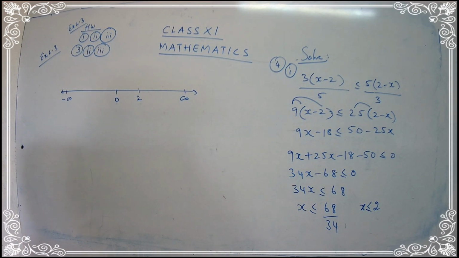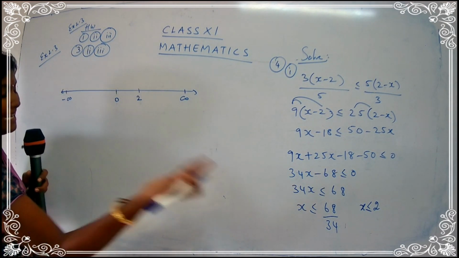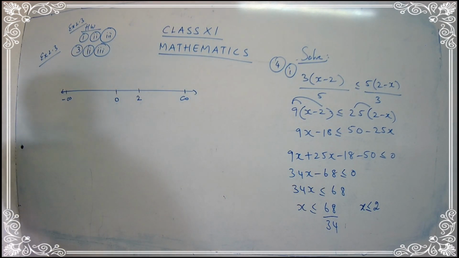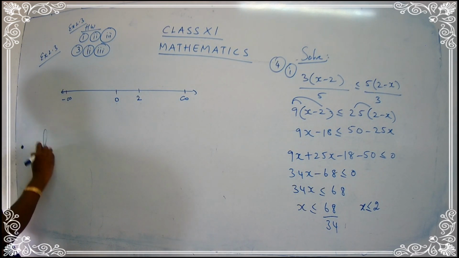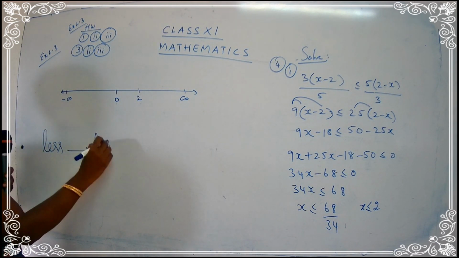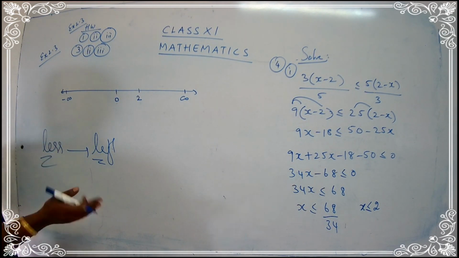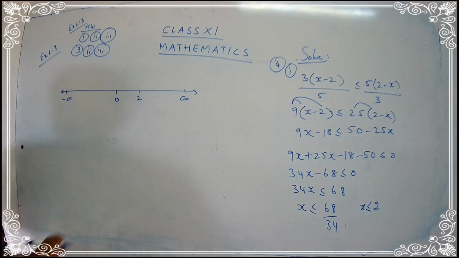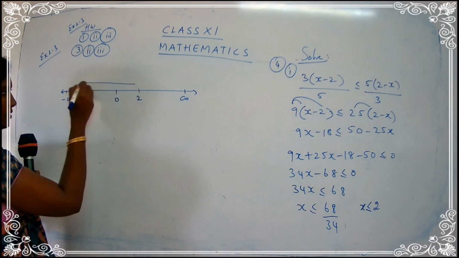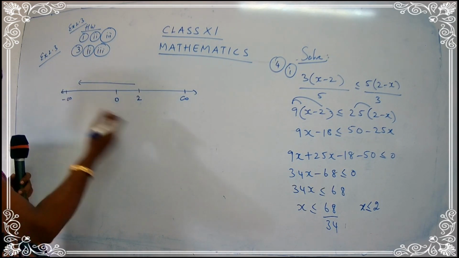Let's start the work. So x is less than or equal to. Less than or equal to, again, less than, whenever less. Less means left. Remember. L-E, less, left. Greater than right. Okay. So now x is less than or equal to, that means it is going to lie to the left side, less than or equal to 2.